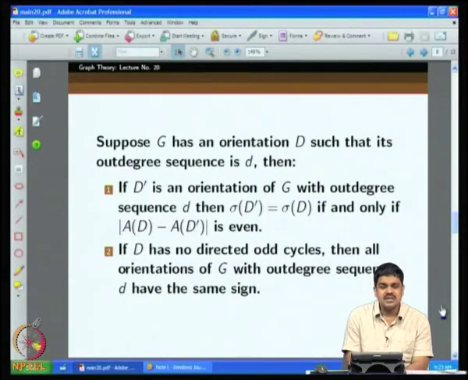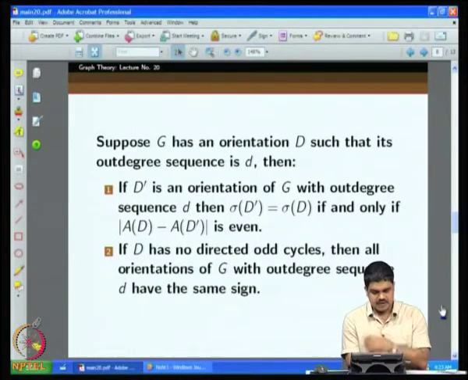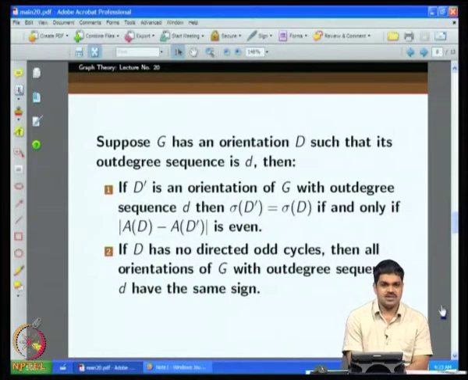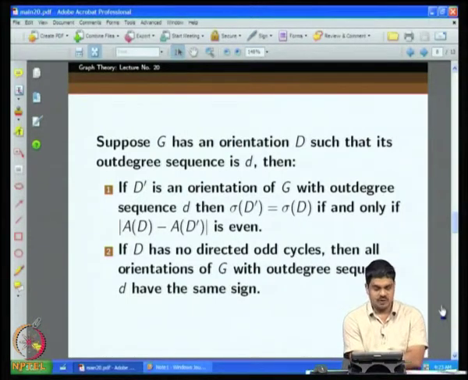There are some common edges between the two of them, but the remaining edges, because the total number of directed edges is the same, it is going to be the same value either way.